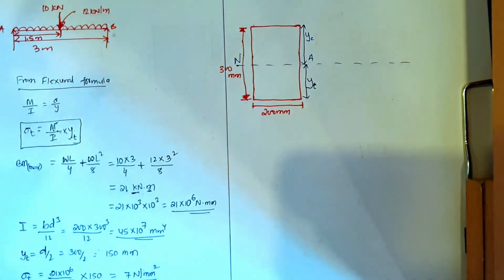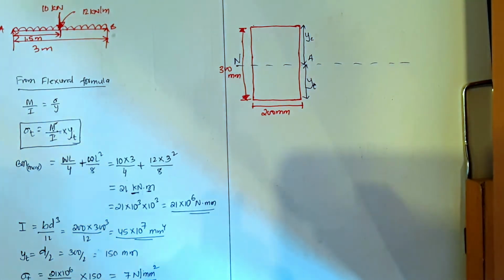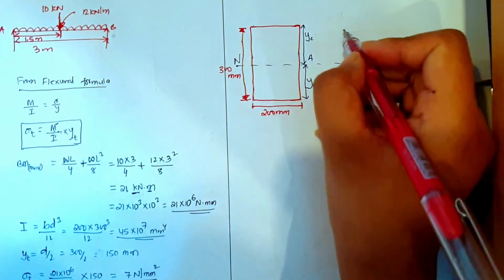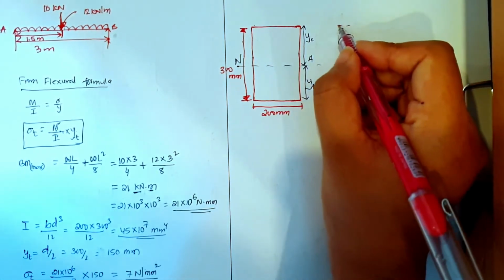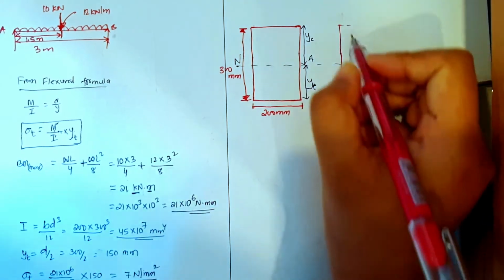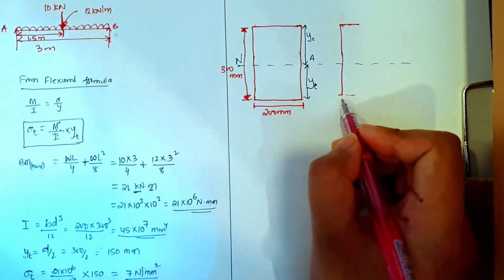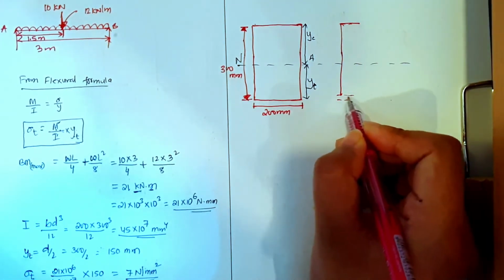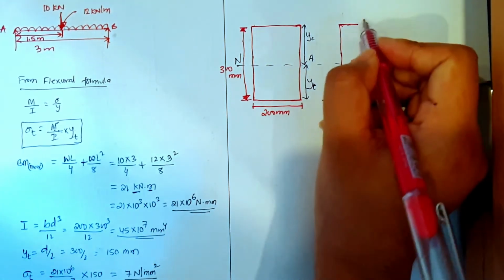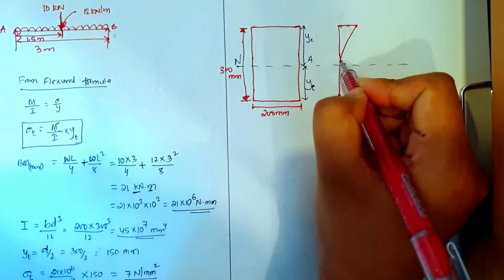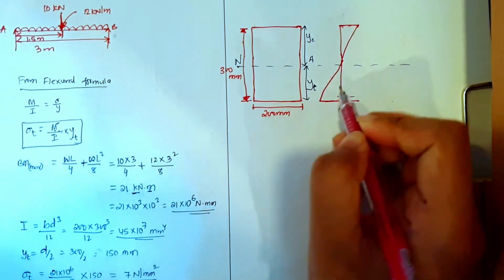So let us draw the bending stress distribution diagram. Since this is a symmetrical section, you will have this.